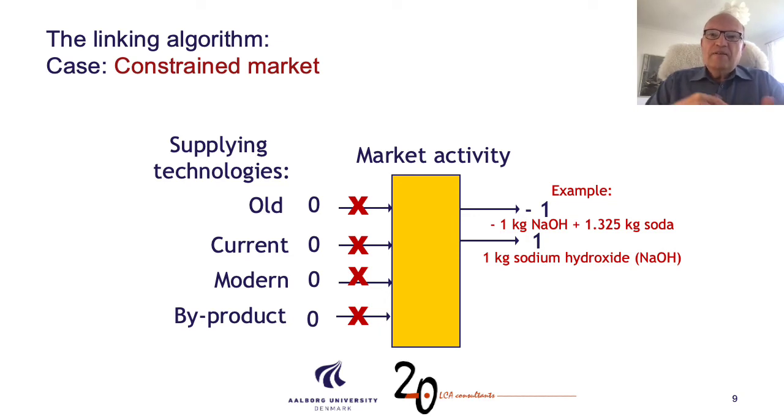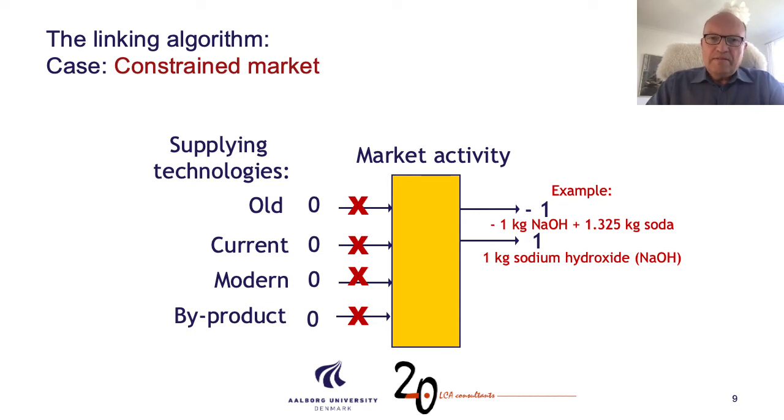So the marginal consumer of neutralizing agents will liberate this 1 kilogram of sodium hydroxide that I have asked for as a consumer, and the marginal consumer will then instead use 1.325 kilogram of soda.